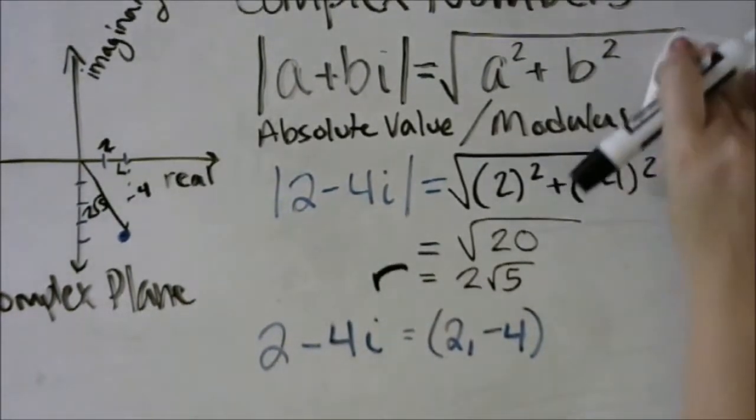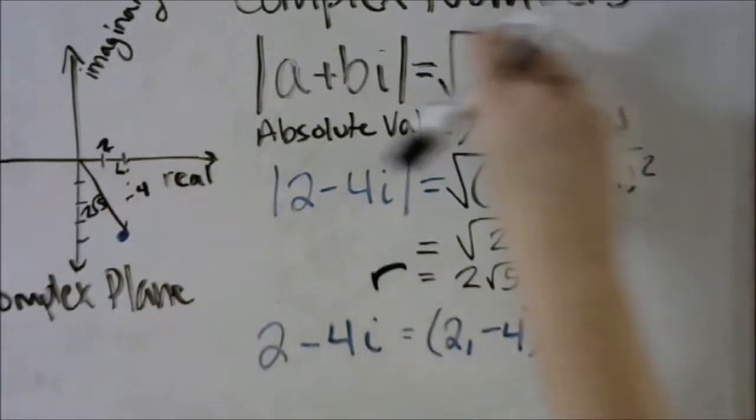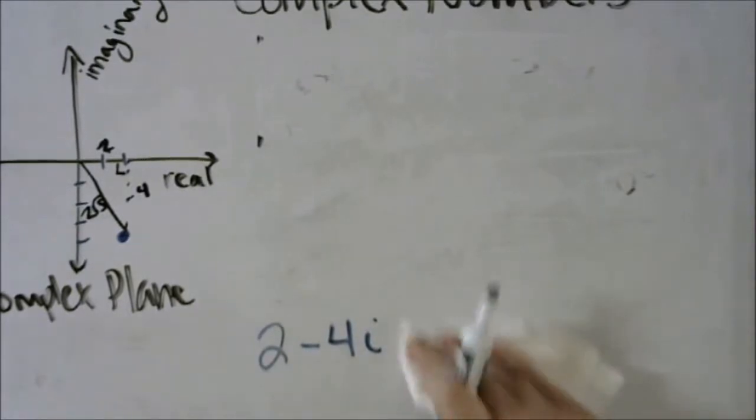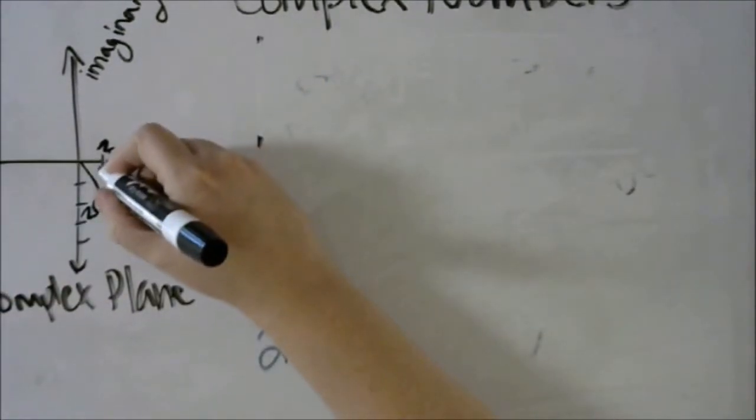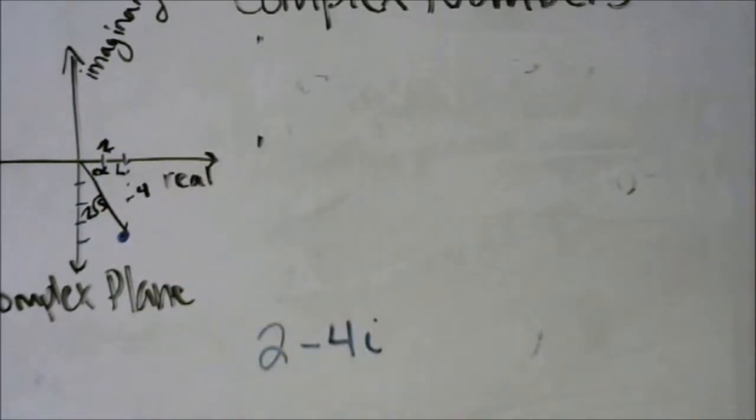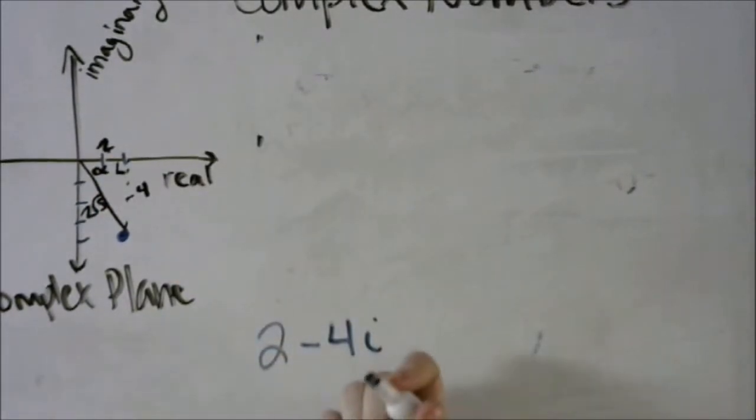Now that we know the hypotenuse, or the absolute value of the complex number, we can figure out the trigonometric equivalent of 2 minus 4i. The key is to find the angle that your complex number forms at the origin.